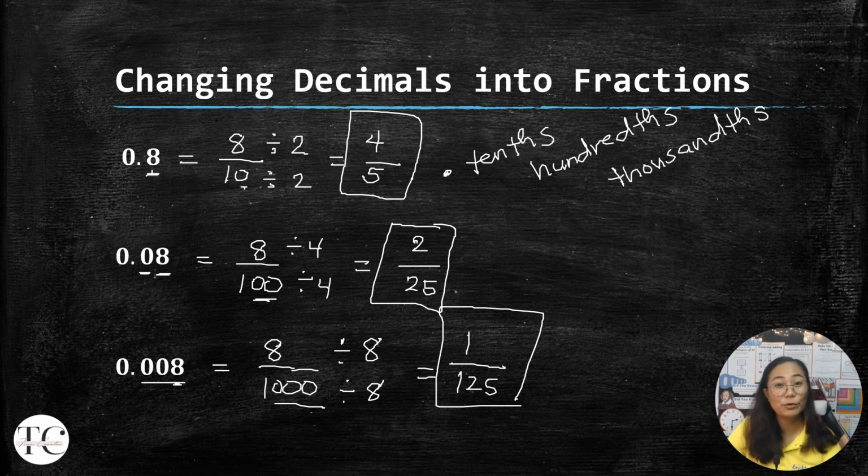Okay, so we have here 8 thousandths, which is written into a fraction form that's equal to 1 over 125. So that's how we will be changing decimals into fractions.